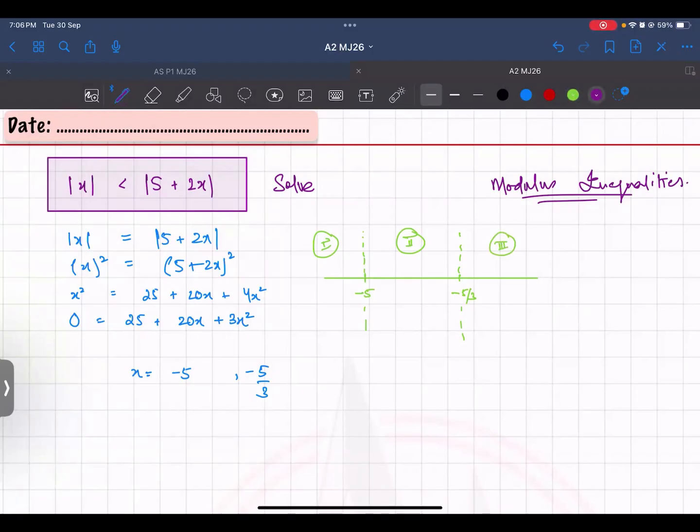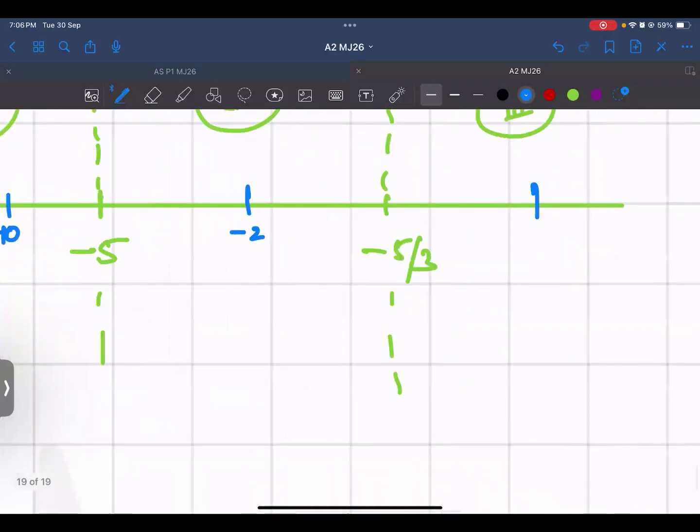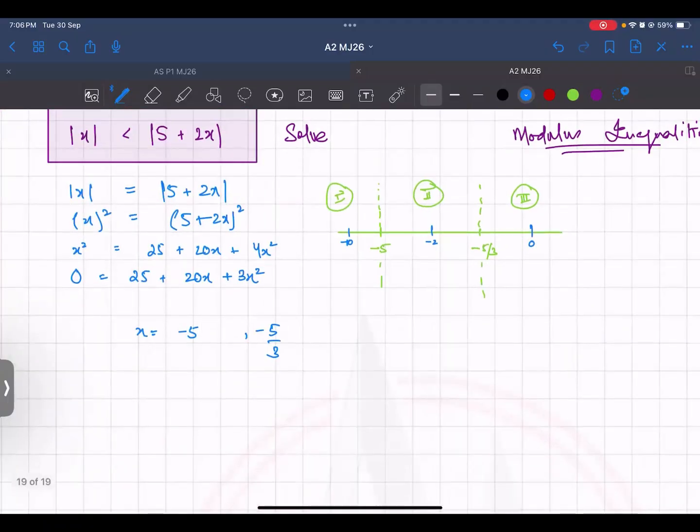Then what do you do? You take any random value from the three regions. For this one, let's suppose you take minus 10, you can take minus 2, and you can take 0 from here. You take any random value from within the regions, and then you input these values back in your question. So if x is minus 10, this becomes modulus of minus 10 less than modulus of 5 plus 2 times minus 10.